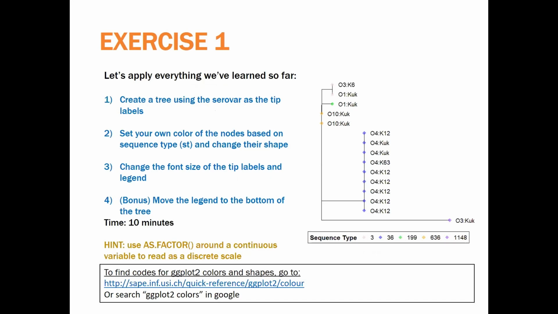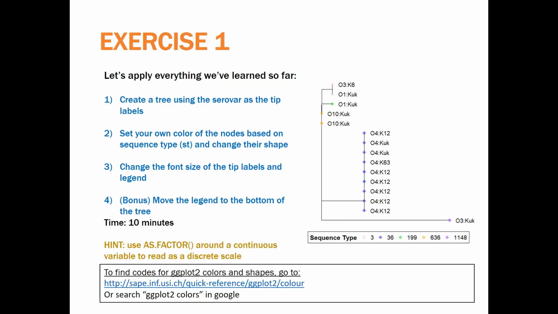Another hint down here, which is pretty important, is that when you're dealing with a continuous variable, such as numbers, where it could be 1, 2, 3, such as sequence types, you're going to want to use as.factor and put the sequence type in there.